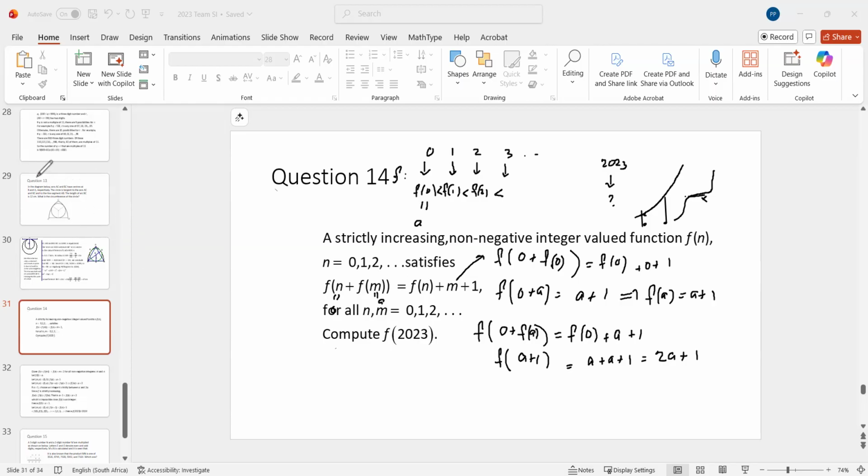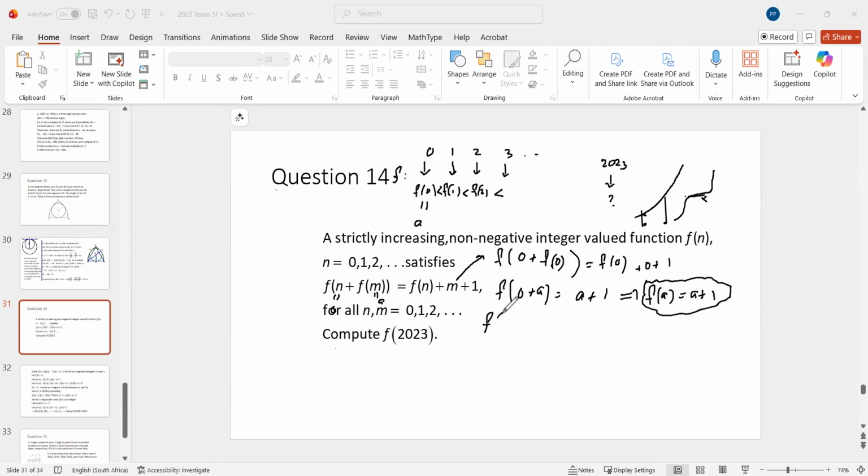It turns out that the substitution you must make is not f(a plus 1), but f(2a). So we have this important equation here, namely f(a) equals a plus 1, and I want to work out f(2a).